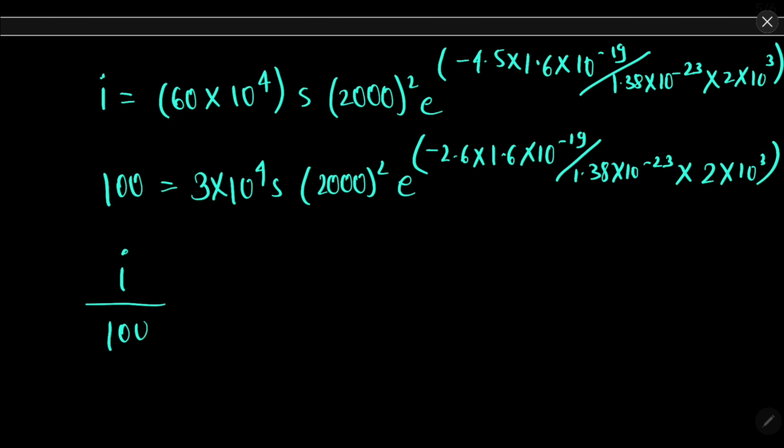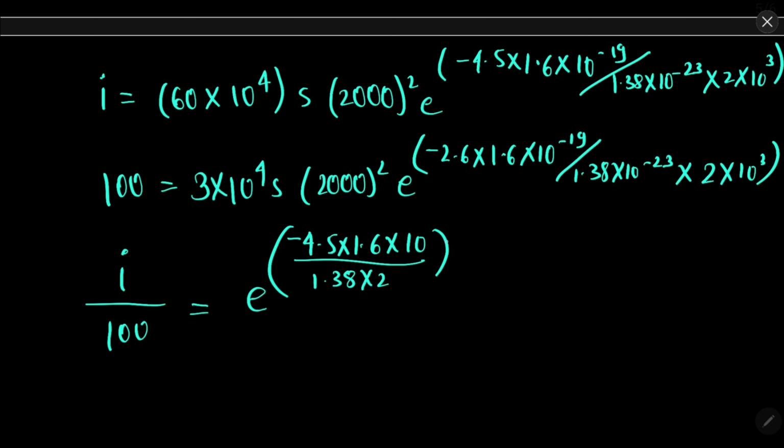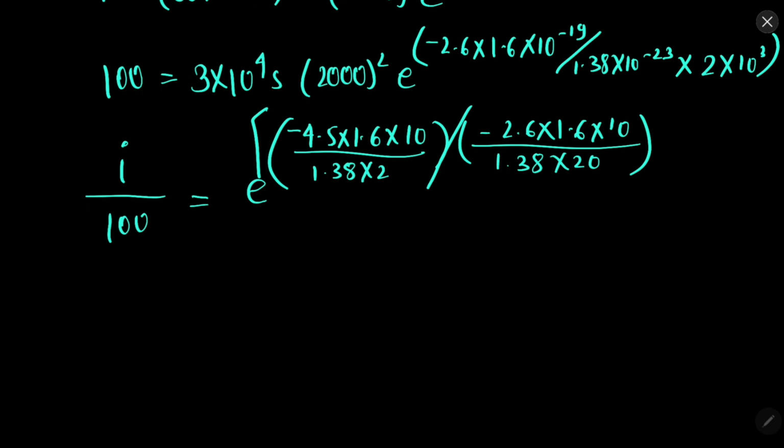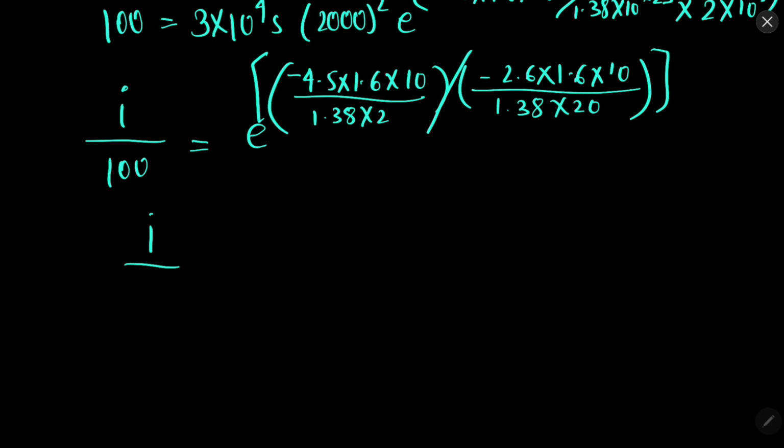So dividing them, we will obtain e to the power minus 4.5 into 1.6 into 10 over 1.38 into 2 and minus 2.6 into 1.6 into 10 over 1.38 into 20. So after simplification, we will obtain I upon 100 equal to 20 into e to the power minus 11.014.